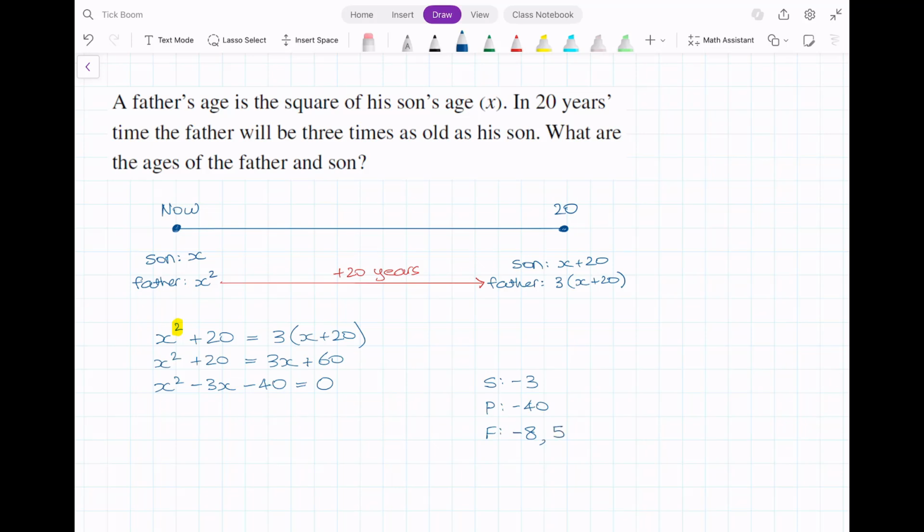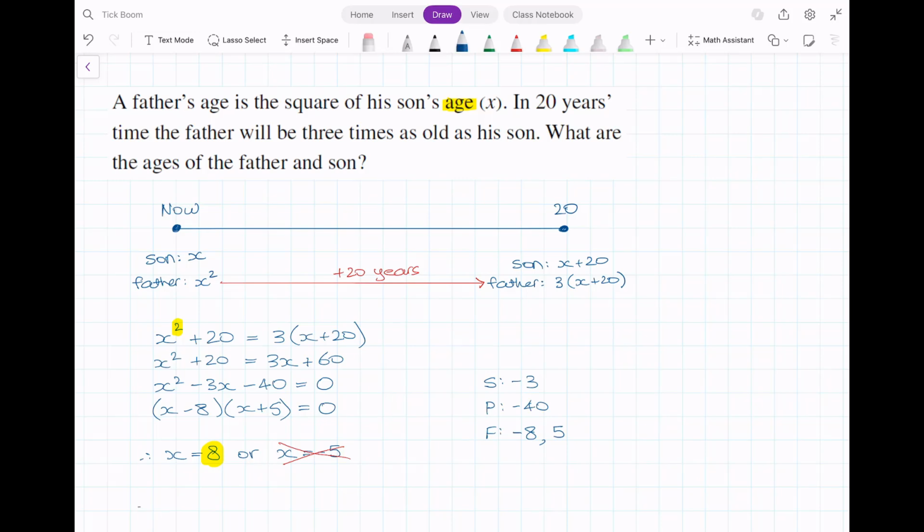So that means I can directly factorize this monic quadratic as x minus 8, x plus 5 equals 0, which means using the null factor law, I can conclude that x could be 8, or x could be -5, but given we're dealing with age, it doesn't really make sense for the son to be -5 years old, because we don't really have negative ages. So that means the value we're really interested in is x equals 8.